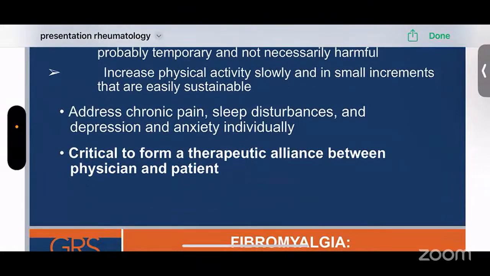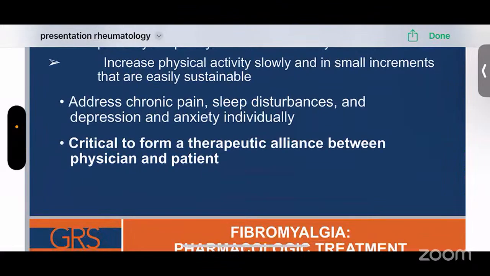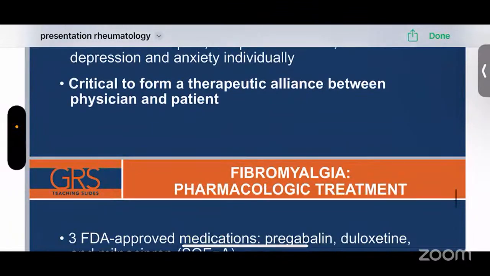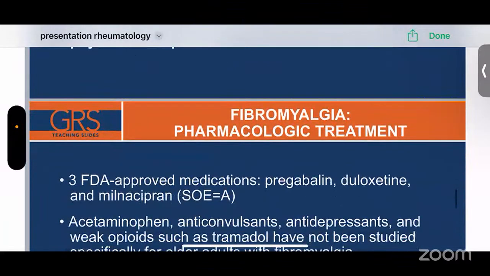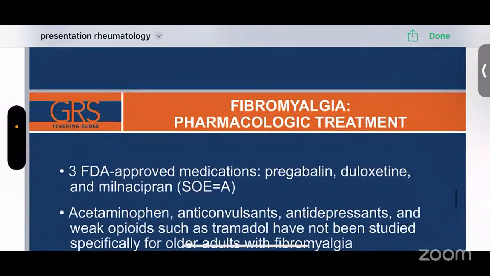It is critical to form a therapeutic alliance between physician and patient, because the patient will always come complaining of pain. So it will need more than one aspect. In addition to pain relief, we need psychological and cognitive behavioral therapy. All of these we must advocate in the treatment. Now let's move to pharmacological treatment.